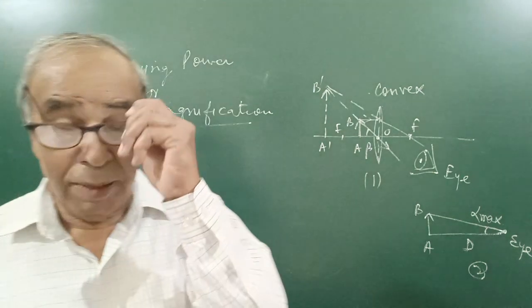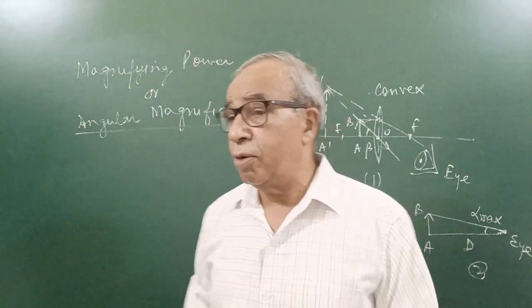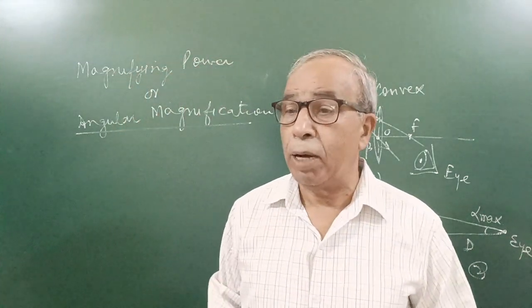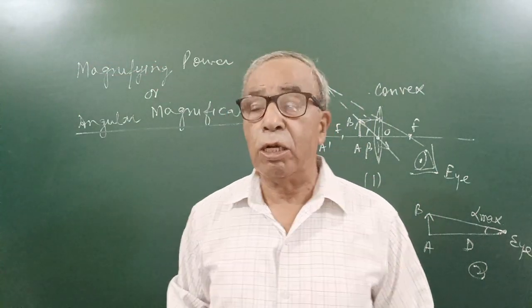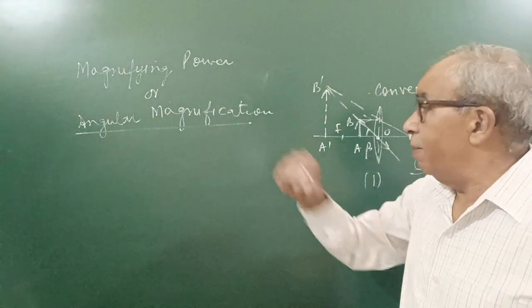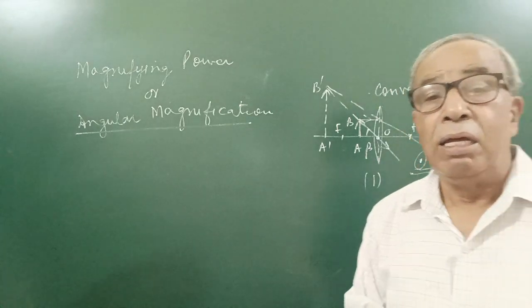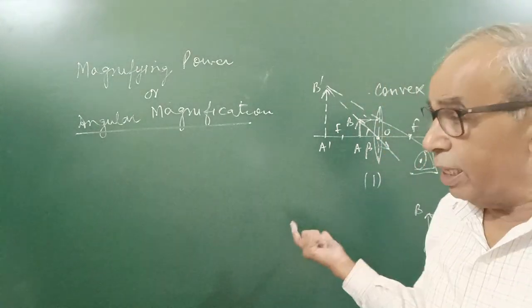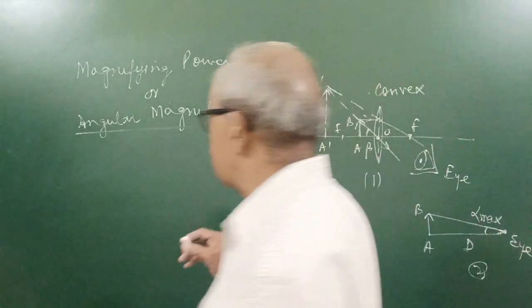You have learnt magnification: the ratio of the height of the image, measured in centimeter or millimeter or meter, to the height of the object. Here angular magnification will be the ratio of the angle subtended by the image on the eye to the angle subtended by the object on the naked eye. So what is this?